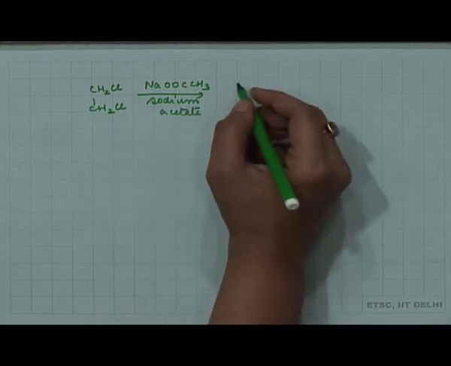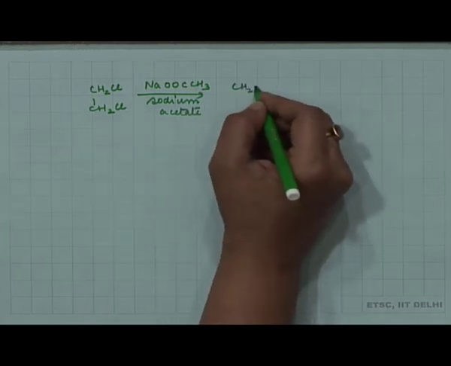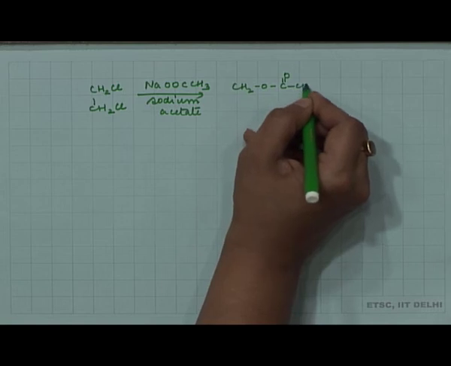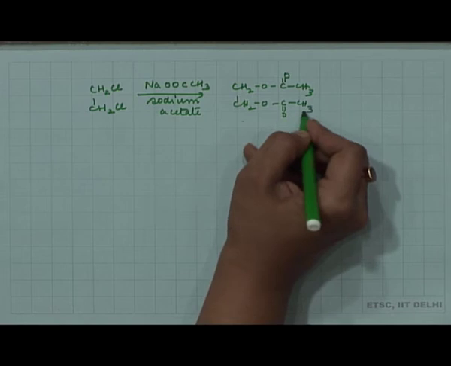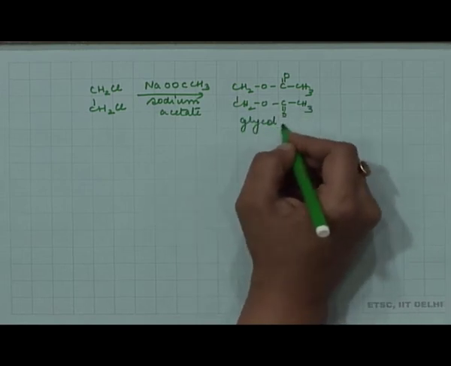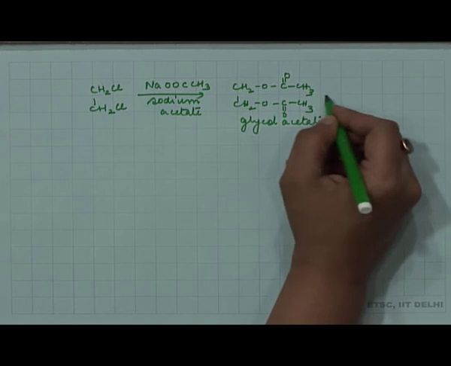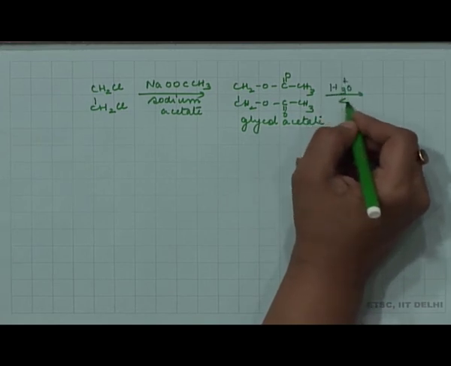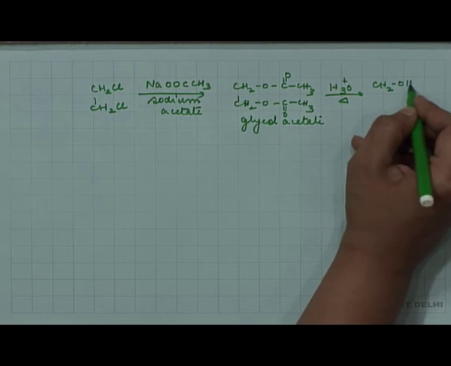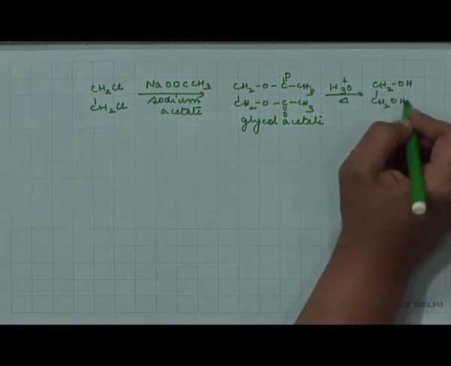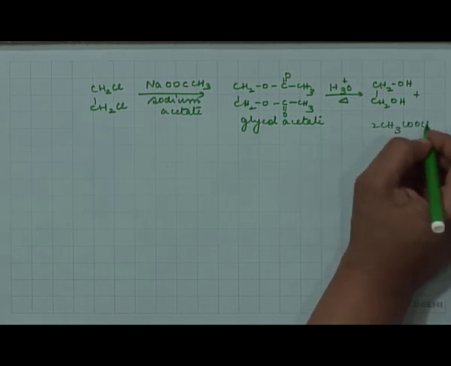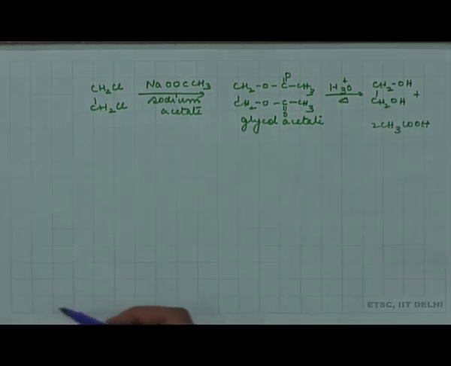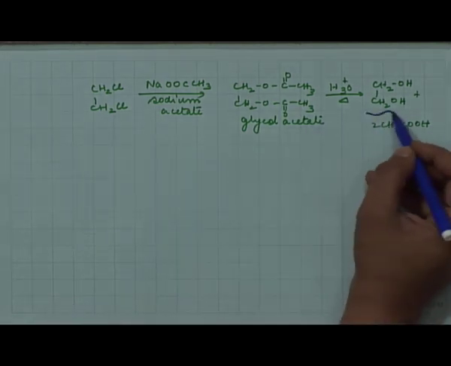This is an alternate route, and you end up with the corresponding diacetate, which is a glycol acetate, and this under acid catalyzed hydrolysis furnishes the corresponding glycol in high yield. So, this is an improvised version of the hydrolysis of the dihalides for obtaining these 1,2-diols.